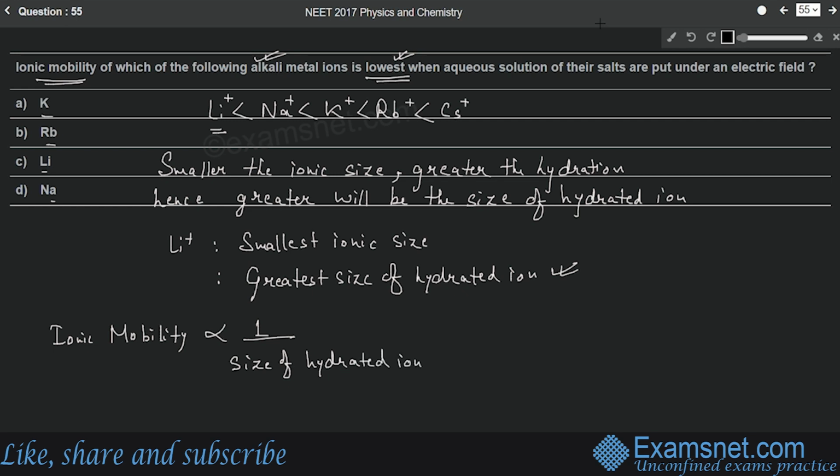So since lithium has maximum size of hydrated ion, it will have lowest ionic mobility, right? Therefore, lithium ion will have lowest ionic mobility. And this is what is asked in this question. So our correct option will be option C, that is lithium. Okay.